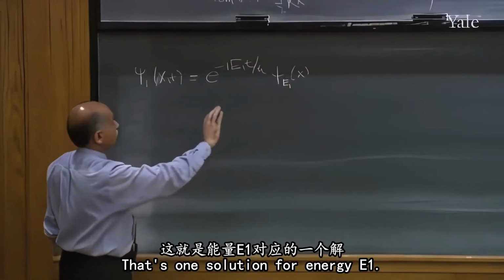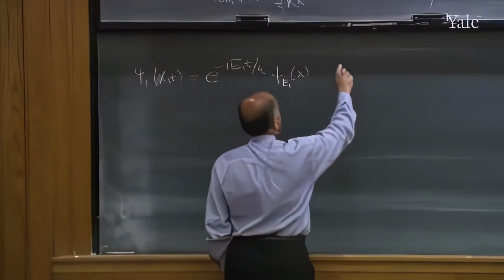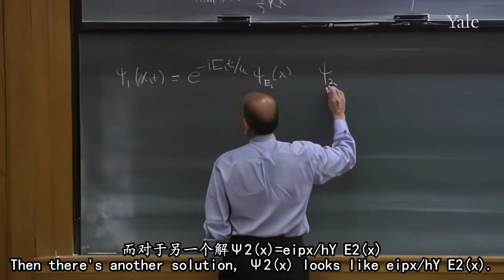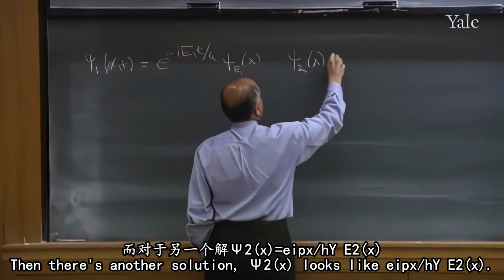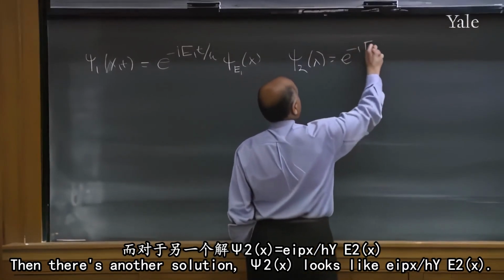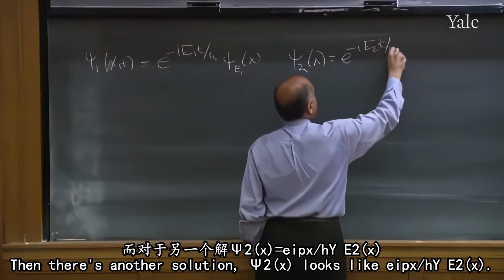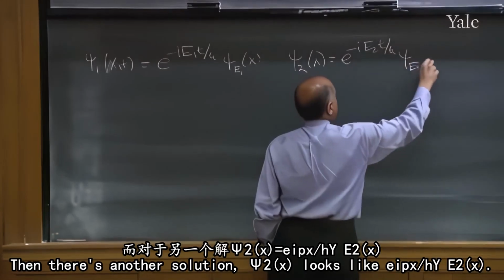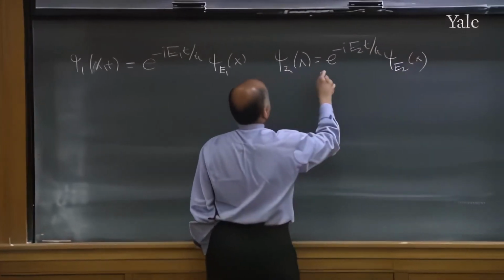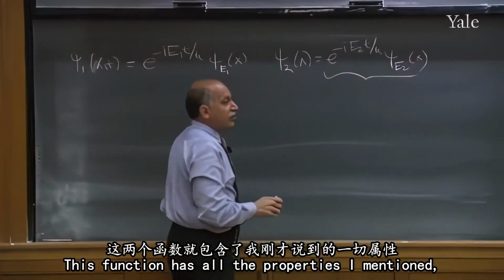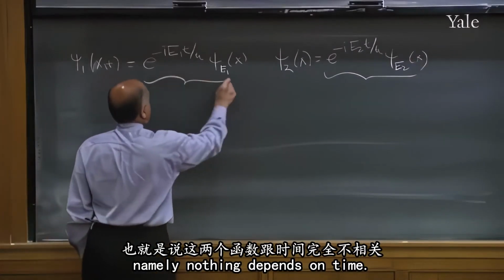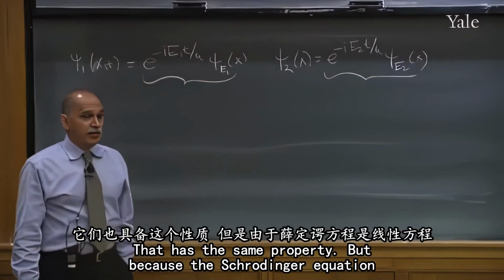That's the one solution for energy E1. Then there's another solution, psi 2 of x and t looks like e to the minus iE2t over h bar times psi sub E2 of x. This function has all the properties I mentioned, namely nothing depends on time. That has the same property.